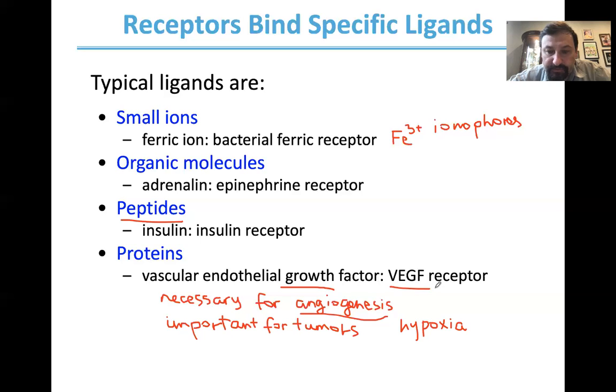And so there are a lot of drugs which target this receptor. To target a receptor, you basically need another protein, because oftentimes it's very hard to block a receptor with a small molecule. And so there are a number of drugs on the market to treat cancer, and some of them are antibodies.